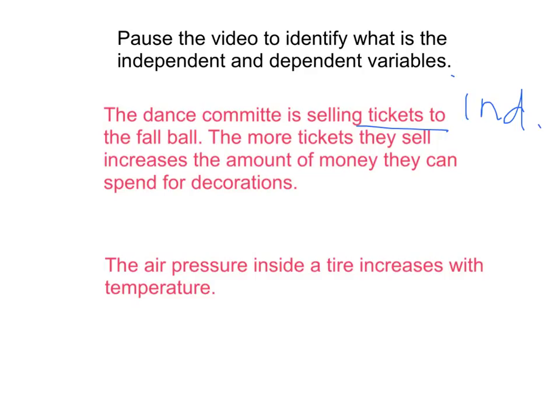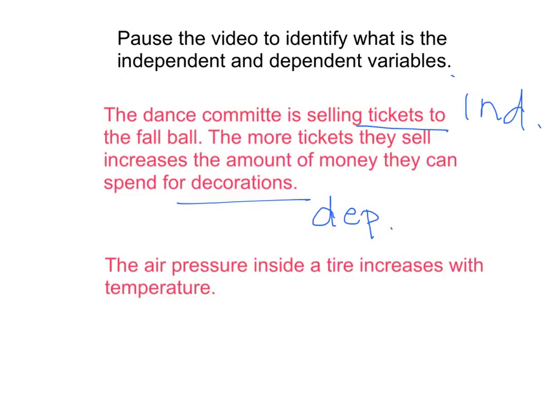How much they spend on decorations does not affect the number of tickets sold. The money spent on decorations is the dependent variable because this depends on the number of tickets sold. So the more tickets they sell, the more decorations they can have for the party.